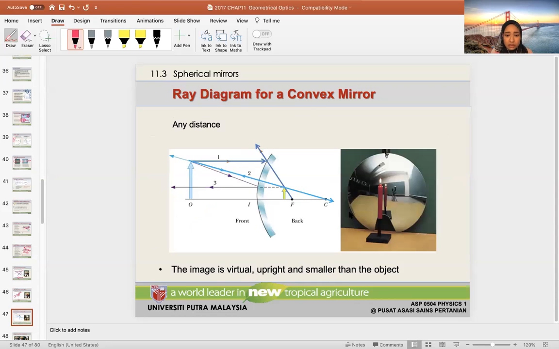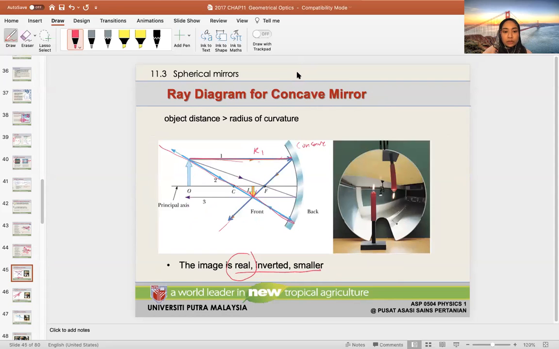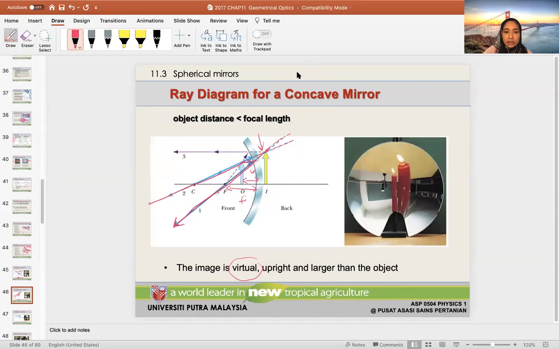Okay, so any distance for a convex mirror. Just now we were talking about concave mirror. So concave mirror, at first it was greater than the radius of curvature, so you got a smaller and inverted image. And then when it is smaller than the focal point, you got something that is bigger and upright.